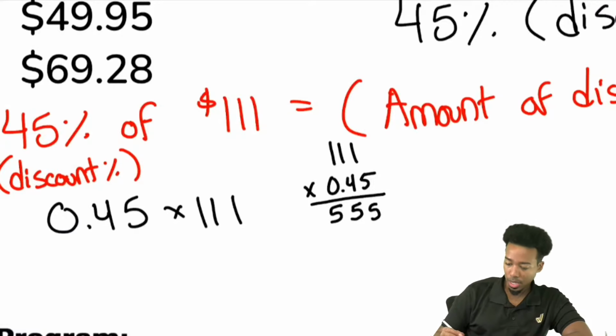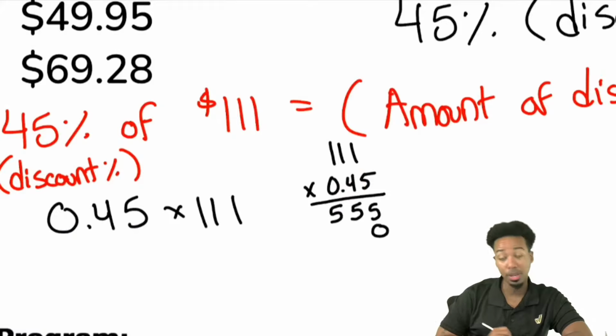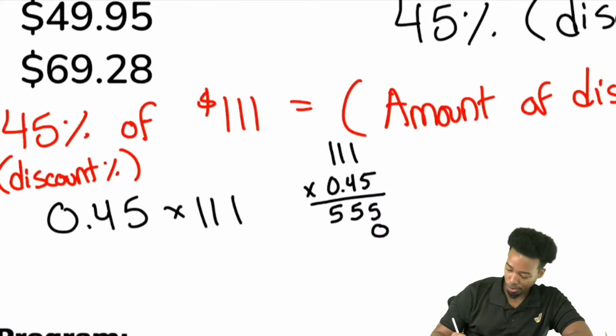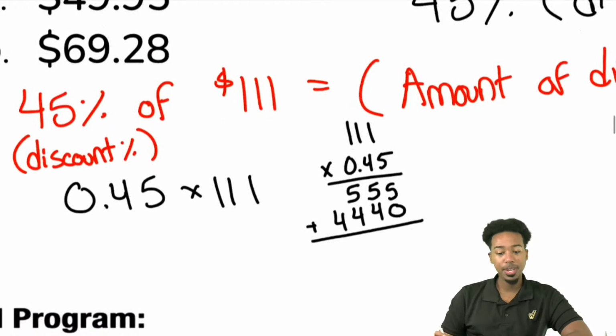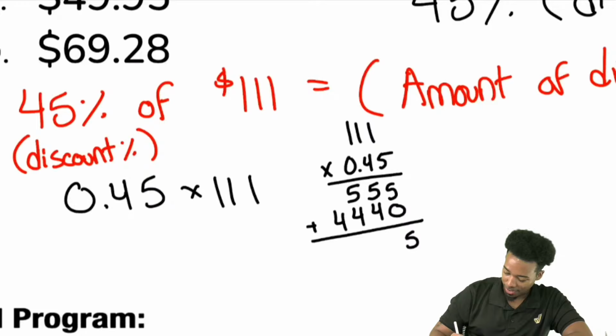Okay. Next up, we go to that 4 here. So we put a 0 and keep multiplying. 1 times 4, that's 4, 1 times 4 is 4, and then 1 times 4 is 4. Add that all up together, and that ends up being 5, 9, 9, and 4.